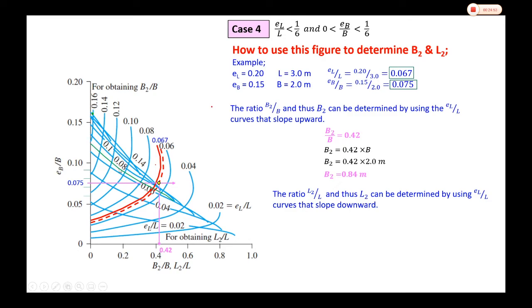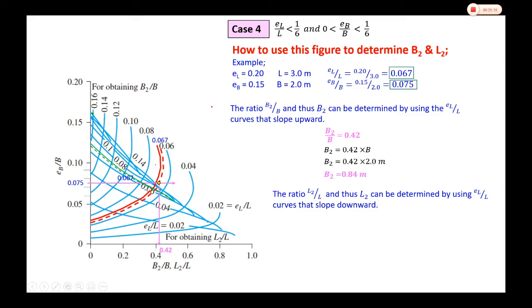So we need to identify roughly where 0.07 is, then we can determine where 0.067 is. Let's say the green line here is 0.07. Now we can add another line to estimate where 0.067 is. Let's say the dashed green line here is 0.067.